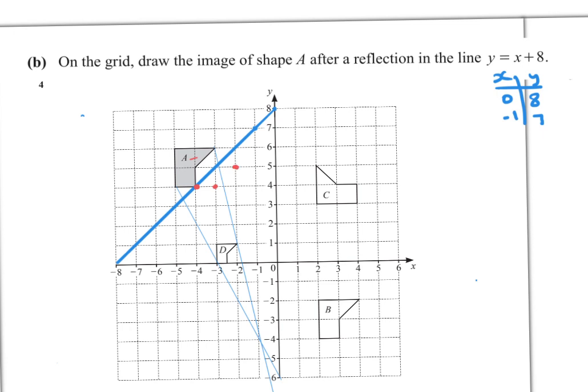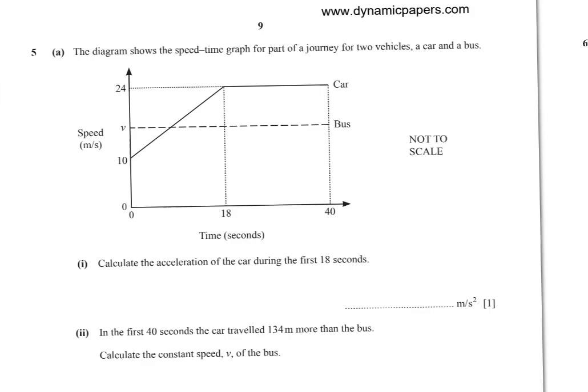And now this point also half diagonal, so its image will be there. And the last point, diagonal and half, so its image diagonal and half. Now join them. So this is the image by reflection on the line y equal x plus 8.